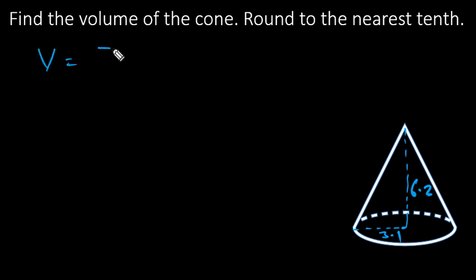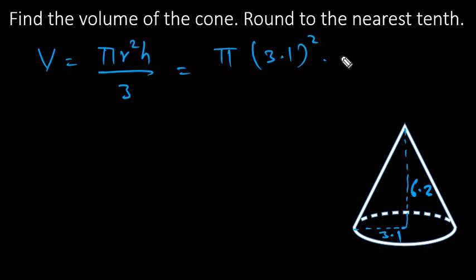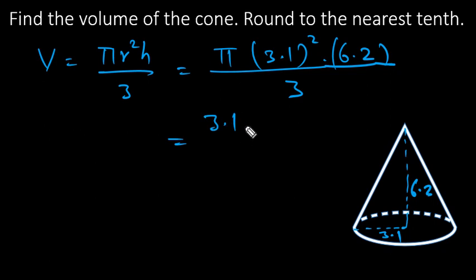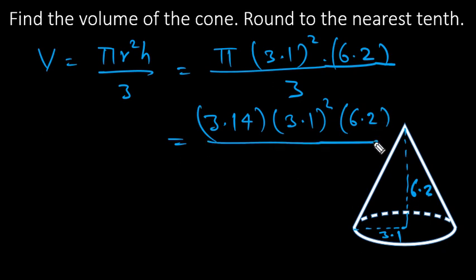Volume is equal to pi r square h divide 3. That will be pi times 3.1 power 2 times 6.2, divide 3. Here this dot is for multiplication, and that is for 0.2. The pi value is 3.14. Now let's solve this using the calculator.